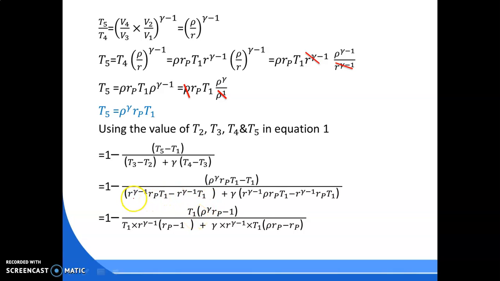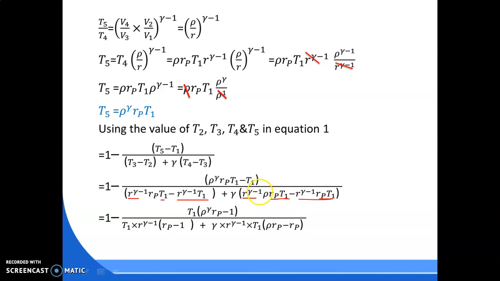What is common here? r to the power gamma minus 1 T1 is common. What is left? Rp minus 1, and here also Rp T1 rho minus 1 will be common, so it will be taken outside.